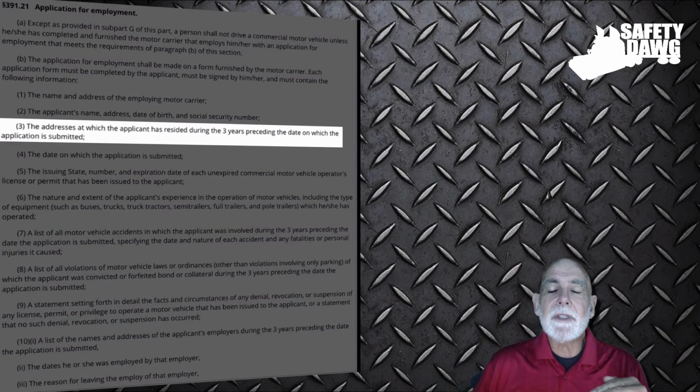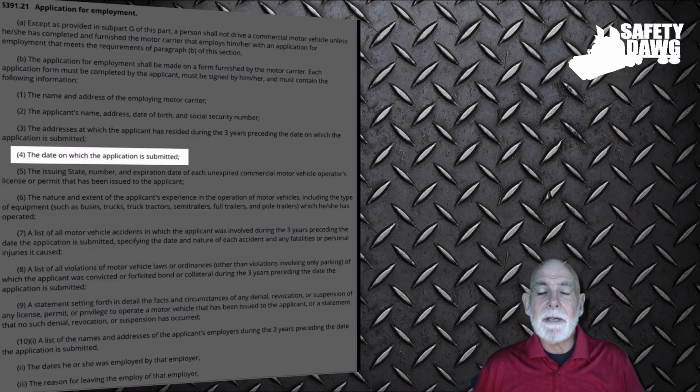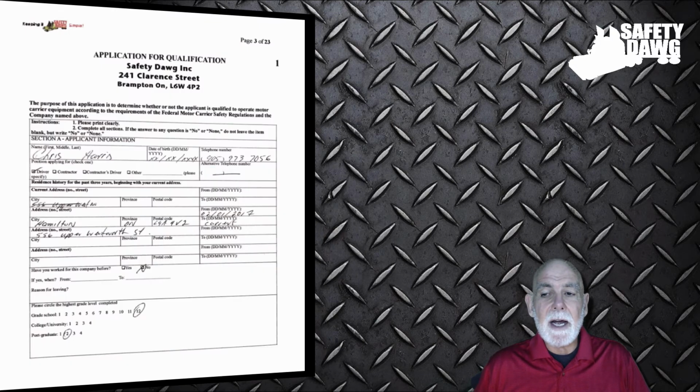The address for which the applicant has been living for the last 3 years, I often see this not being completed properly. So make sure the application is completed where the driver has been resident for the last 3 years. And then lastly, believe it or not, I find application forms that don't have a date on them. So that's another critical flaw that I often see.